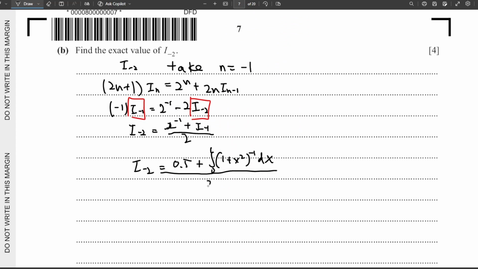Everything divided by 2, so 0.5 becomes 0.25. And I'll add half in front of this integral. I'll also convert this into a reciprocal, because it's easier for us to do the integration that way. So this becomes the integral of 1 over (1 plus x squared) dx from 0 to 1.